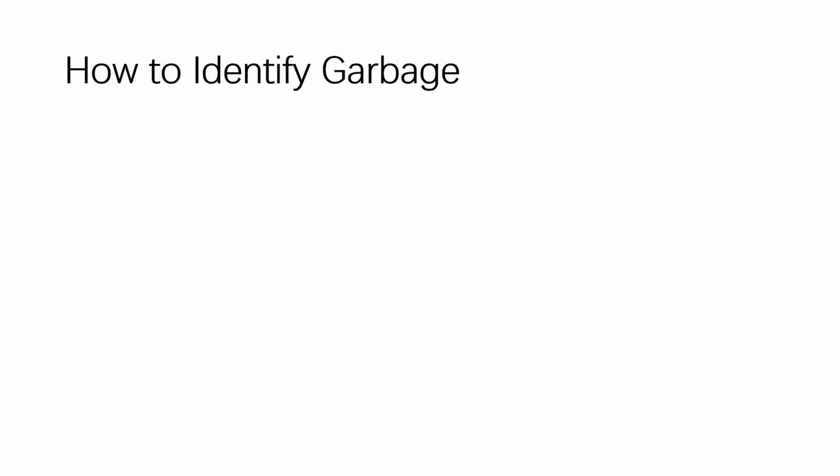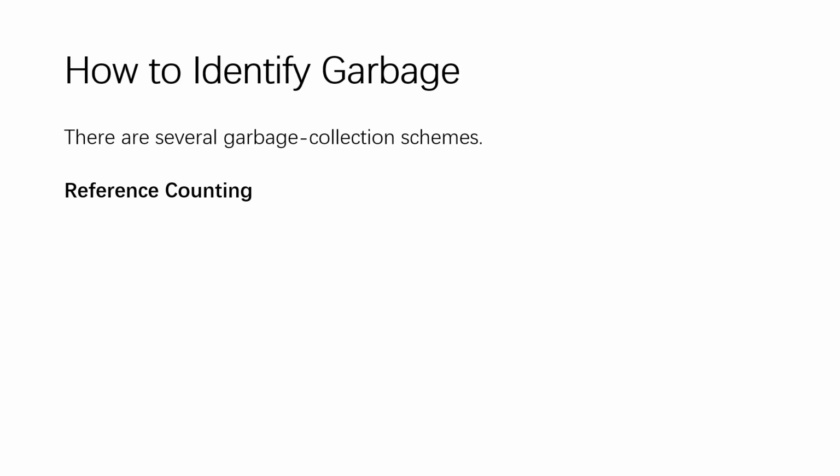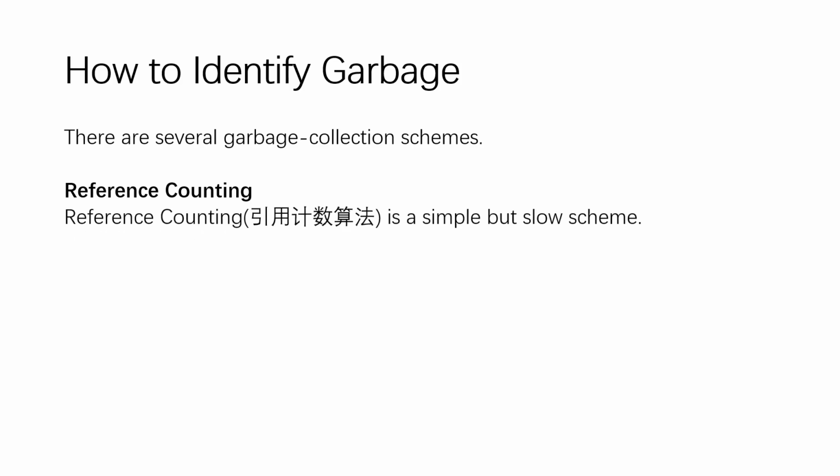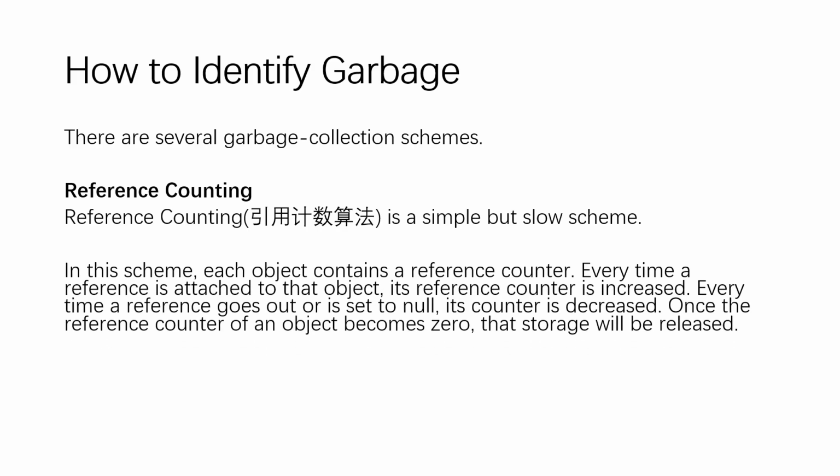So how to identify garbage? There are several garbage collection schemes. Reference counting. Reference counting is a simple but slow scheme. In this scheme, each object contains a reference counter. Every time a reference is attached to that object, its reference counter is increased.